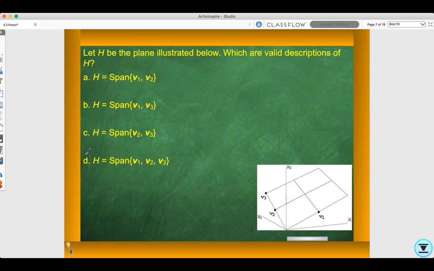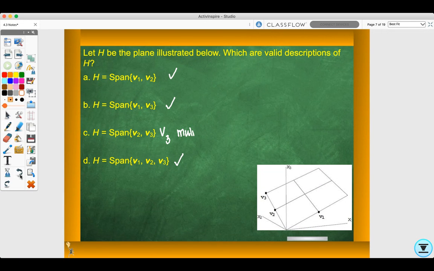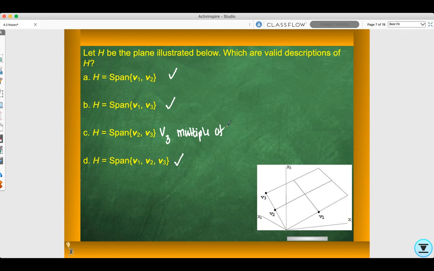So only one of these is not a valid description, and the one that is not a valid description is C. So A is a valid description, B is, and D is. But C is not because v3 is a multiple of v2.